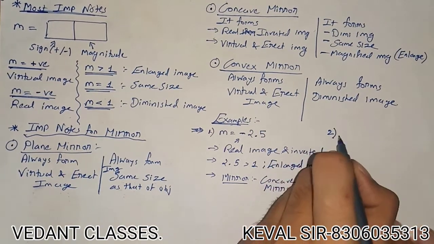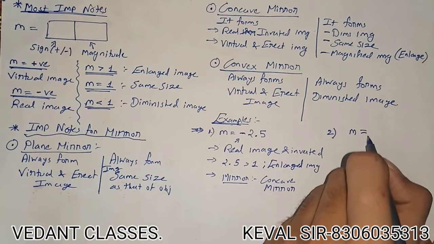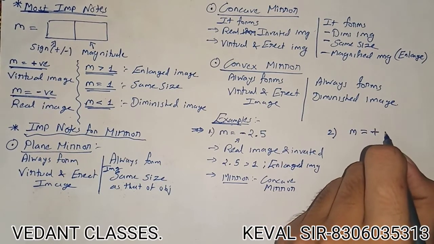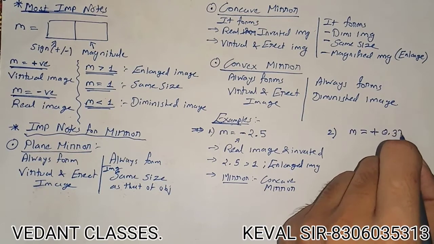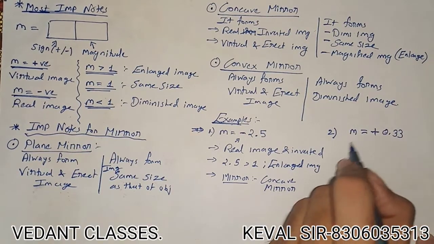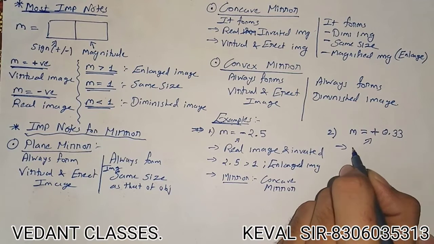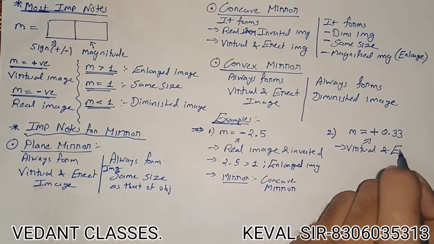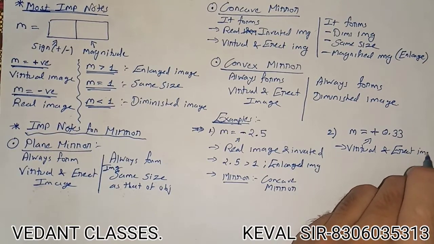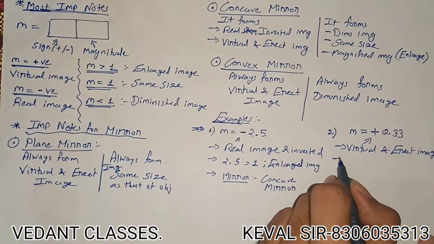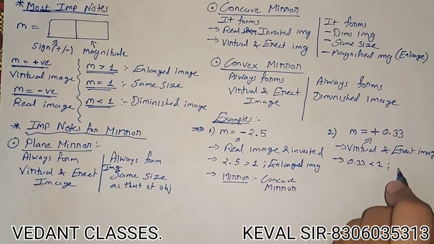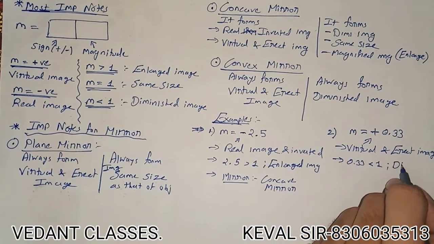Now let's take another example. m is equal to plus, let's say, 0.33. This plus shows that it is a virtual and erect image. Then 0.33, which is less than 1, so it is a diminished image.